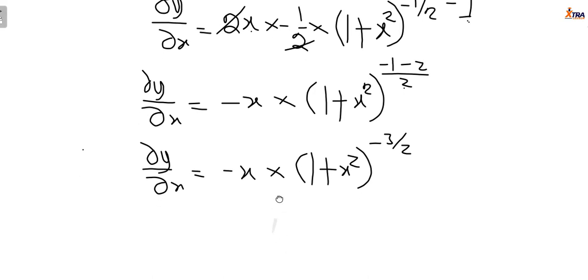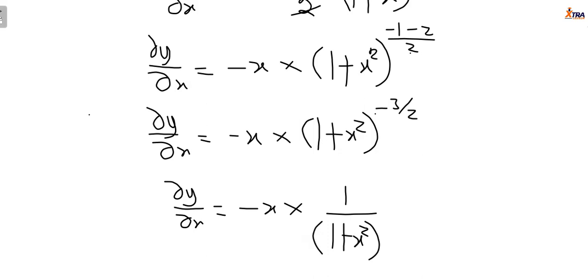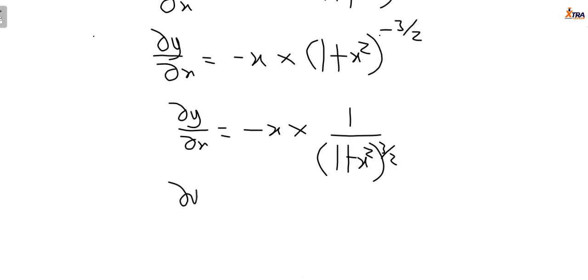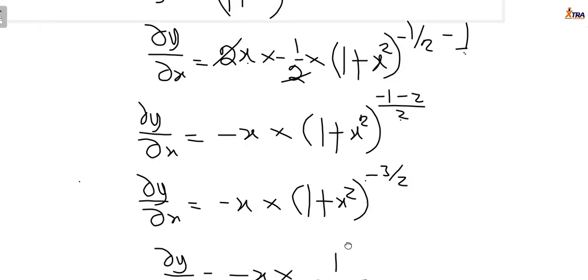So then we can change this to have it in that form. dy over dx equals minus x times this minus 1, that is inverse, 1 plus x squared all raised to the power 3 over 2. So now we have dy over dx equals minus x over 1 plus x squared all raised to the power 3 over 2, which is the same answer as what we got here.